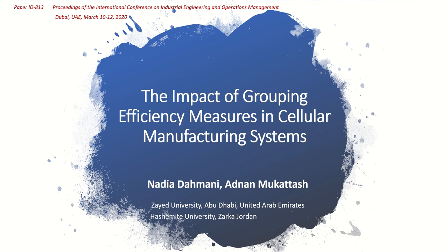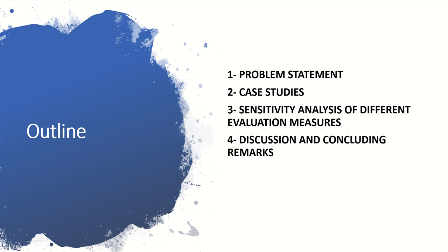Today's talk is about my research entitled The Impact of Grouping Efficiency Measures in Cellular Manufacturing Systems. The outline of my talk is as follows. First, I will be describing the problem that we are tackling in this research.